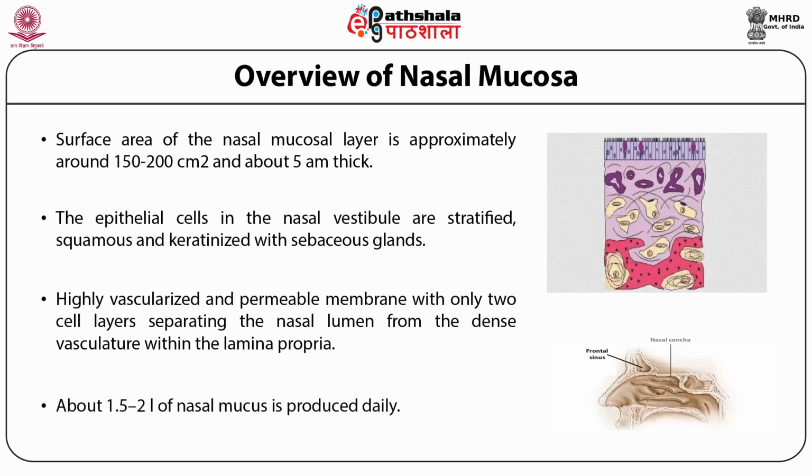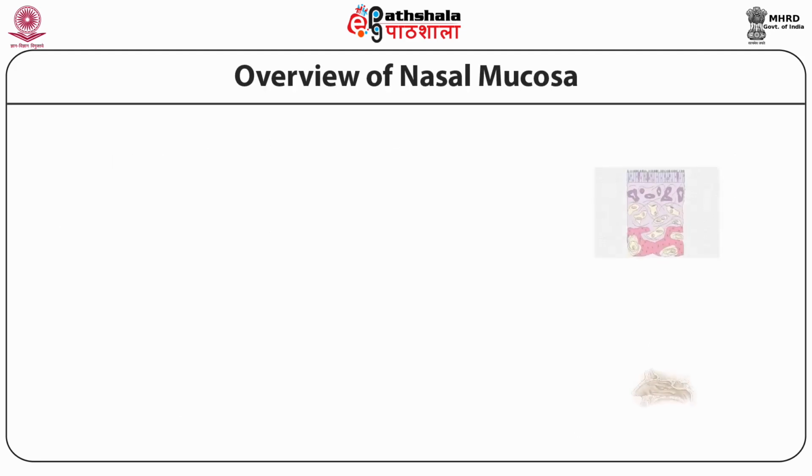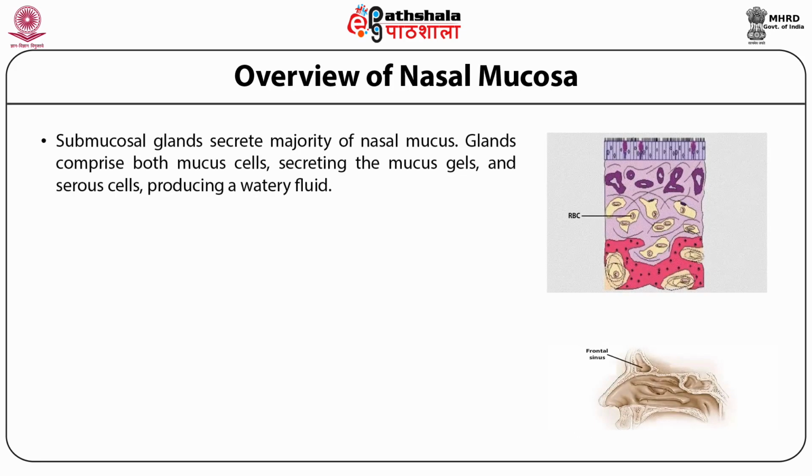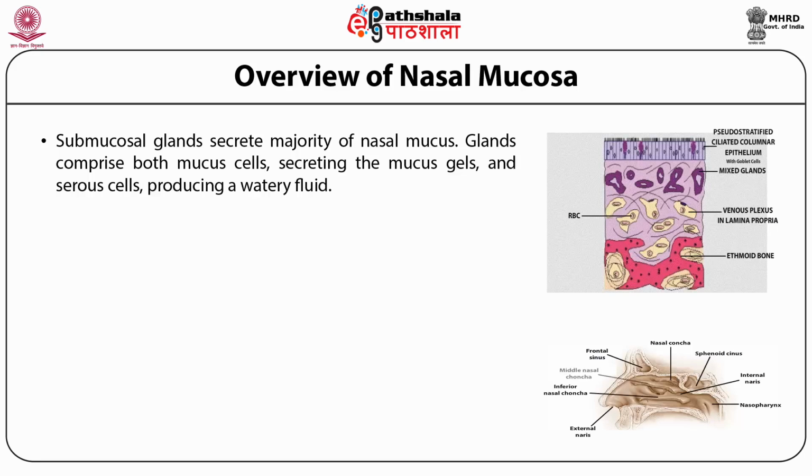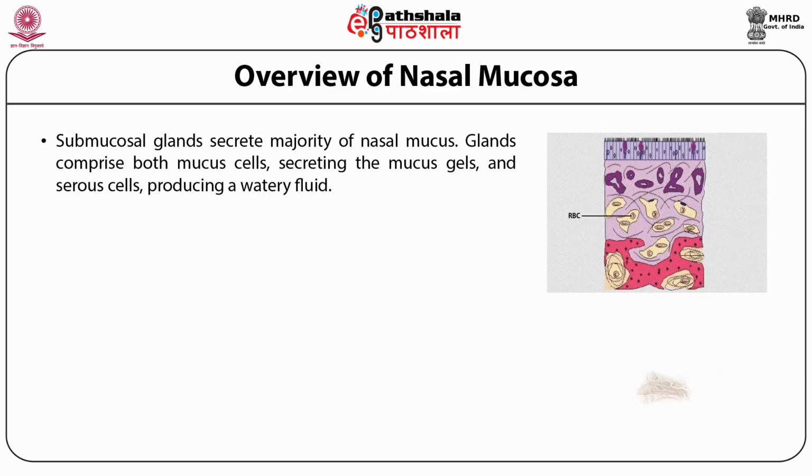About 1.5 to 2 liters of nasal mucus is produced daily. Submucosal glands secrete the majority of the nasal mucus. Glands comprise both mucus cells secreting the mucus gels and serous cells which produce the watery fluid.